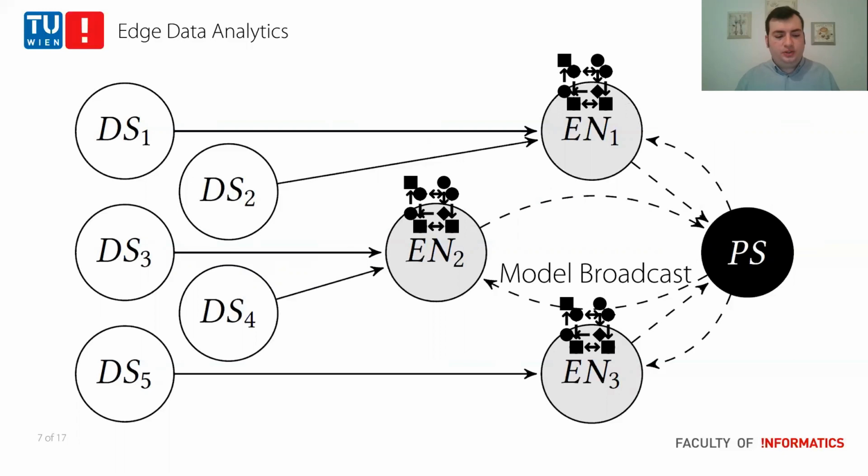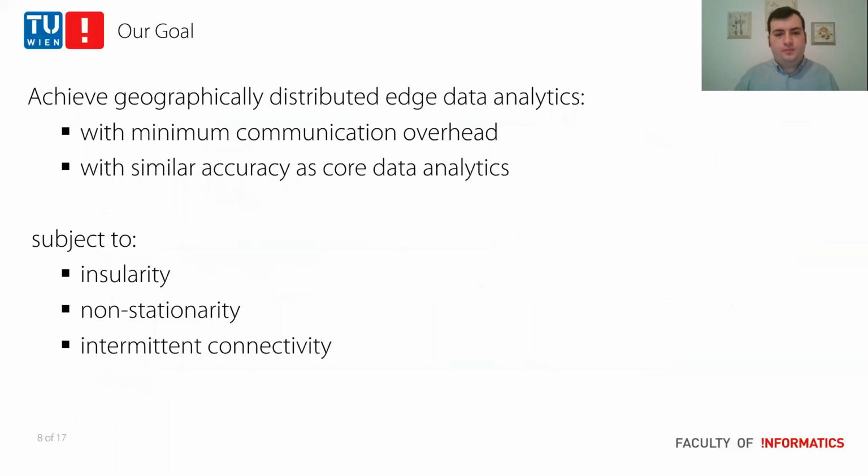So in this work, we are interested in the frequency of this broadcasting process. And our goal is to achieve geographically distributed edge data analytics with minimum communication overhead. Particularly, we are interested in the communication between the edge nodes and the parameter server, where a wide area network is utilized.